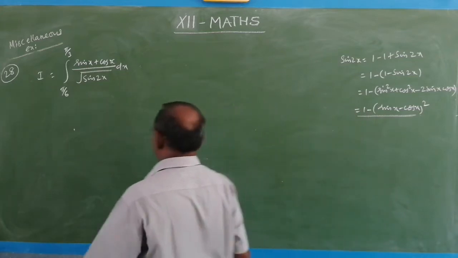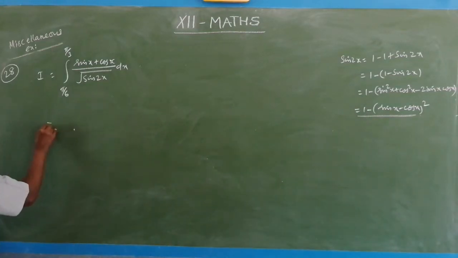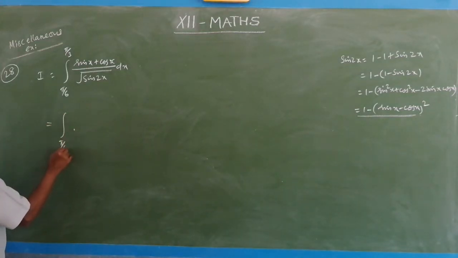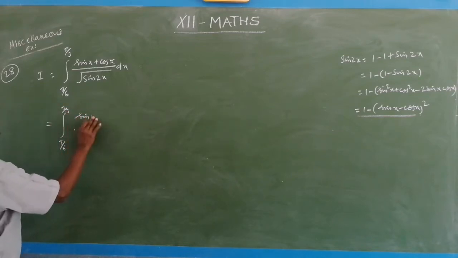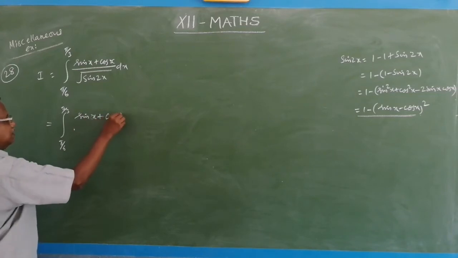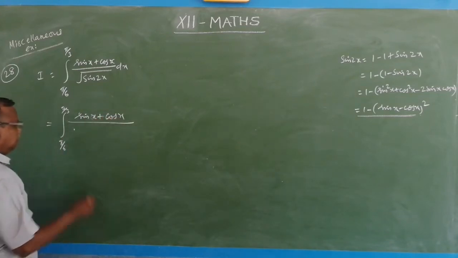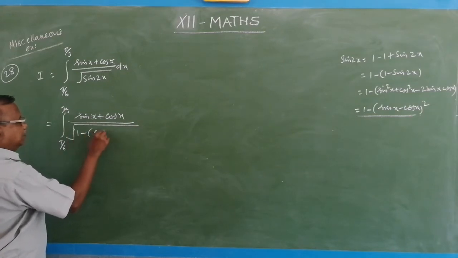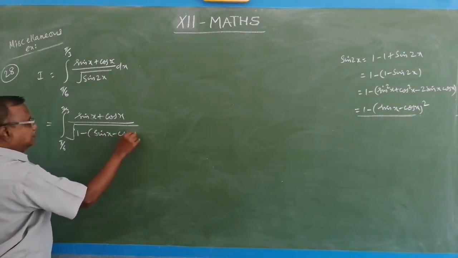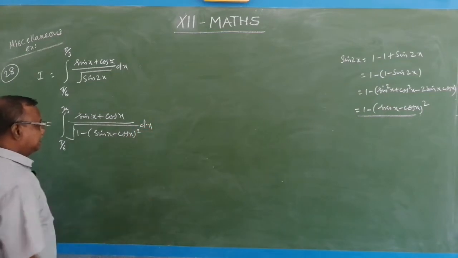So we can replace this: the integral from pi by 6 to pi by 3 of (sin x plus cos x) divided by root of 1 minus (sin x minus cos x) the whole square into dx.